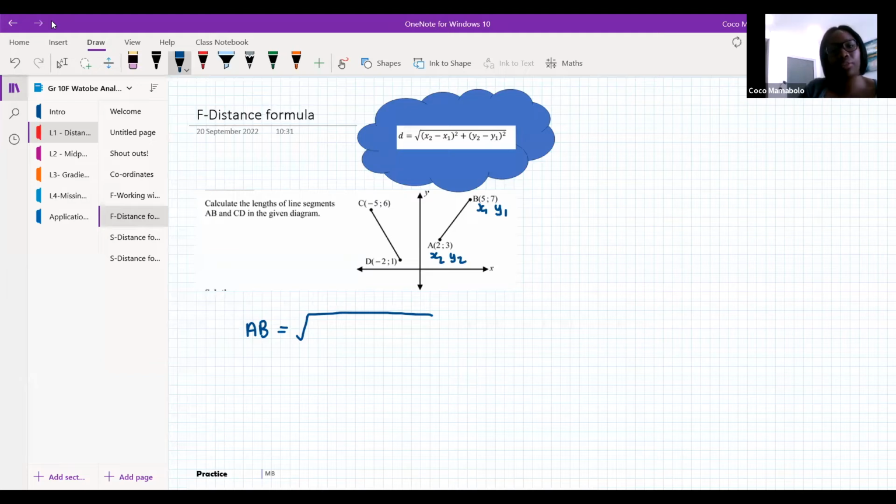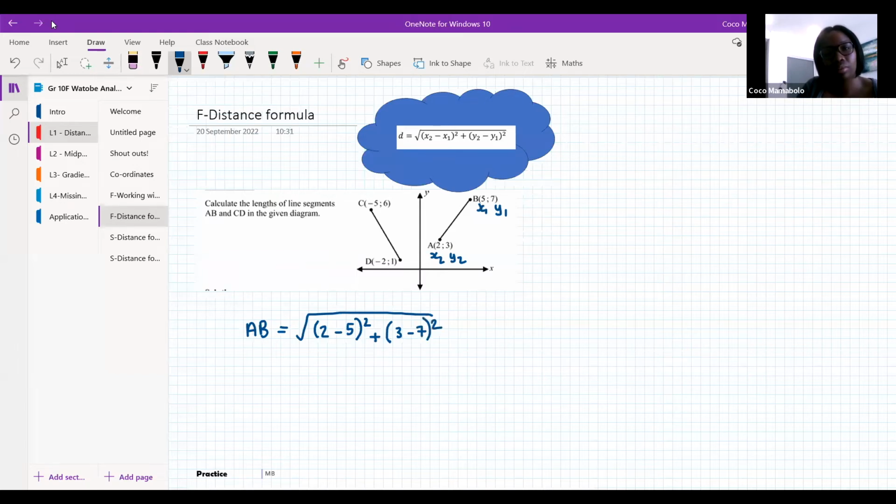So when I put it into the formula, I'm going to take x2, which is 2, minus x1, which is 5, all of that squared, plus y2, which is 3, minus 7, which is y1, and all of that squared.